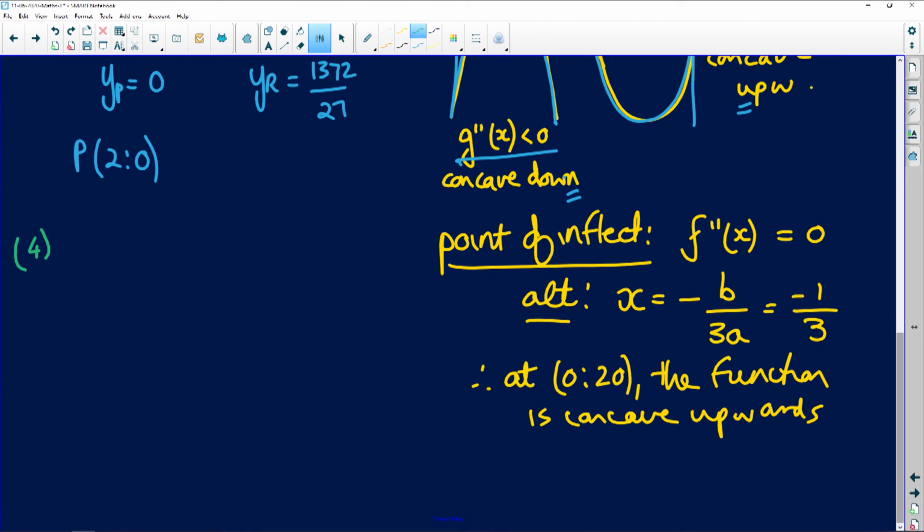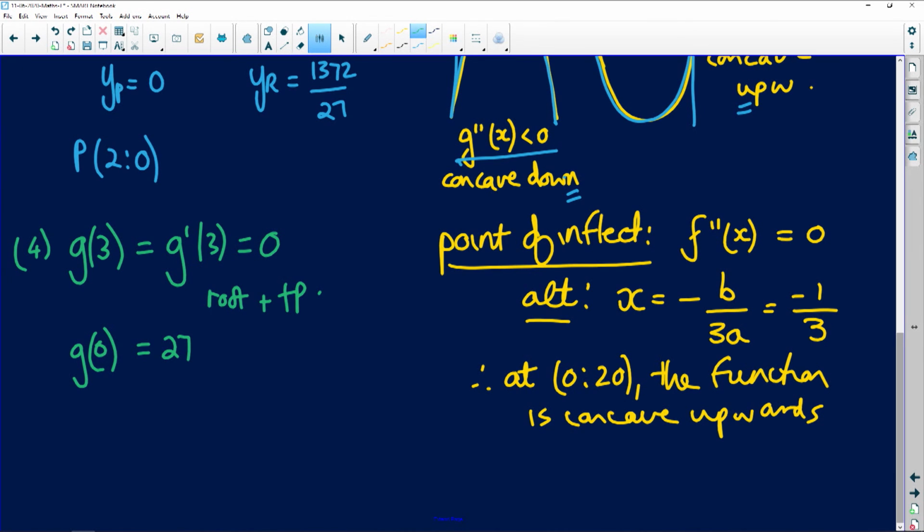It's a nice question. It says they want us to sketch this graph where G of 3 and G prime of 3 is 0. Now, again, we've got what we just had in this question. So that's a root plus it's a turning point. Okay? It's a root of multiplicity 2. Then they tell us G of 0, the y-intercept, is 27.